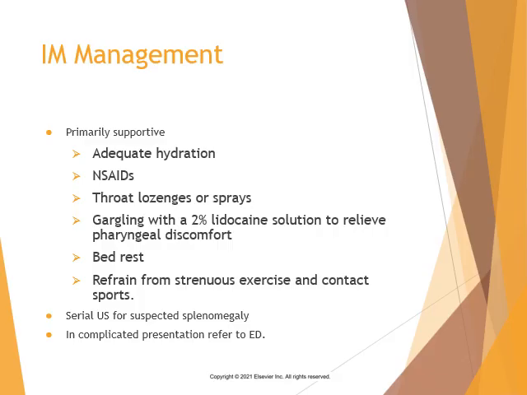Management, again, adequate hydration, nonsteroidal anti-inflammatories, throat lozenges or sprays for the sore throat, gargling with 2% lidocaine to relieve some of that pharyngeal discomfort, bed rest, and making sure they are not doing strenuous exercise, totally avoiding contact sports because of the hepatomegaly that can be occurring here.